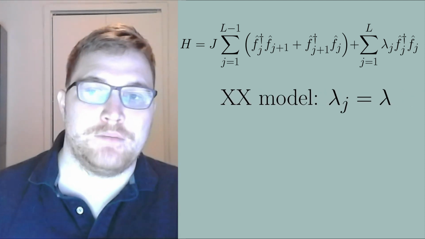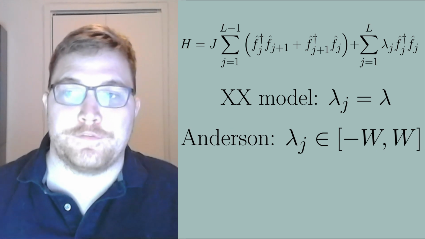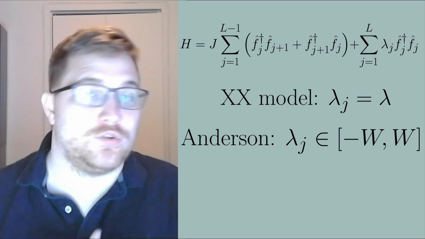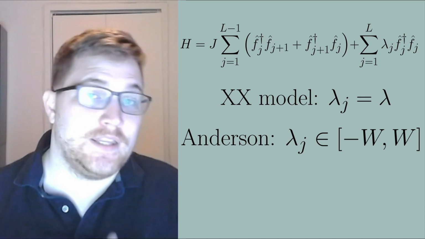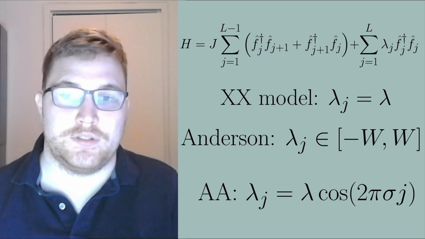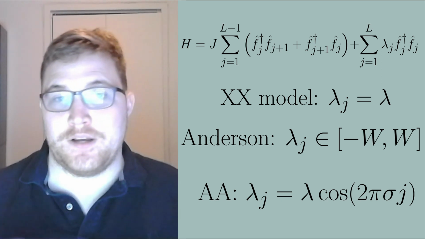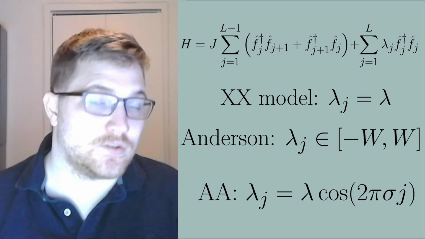For the Anderson model, this is a random variable randomly generated from a uniform distribution, where W here is the disorder strength. In the Aubry-Andre model, this term is the following cosine expression, where sigma is an irrational number. The constant lambda here dictates the disorder strength.